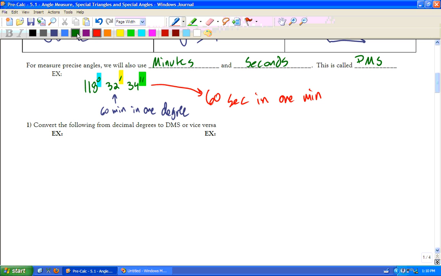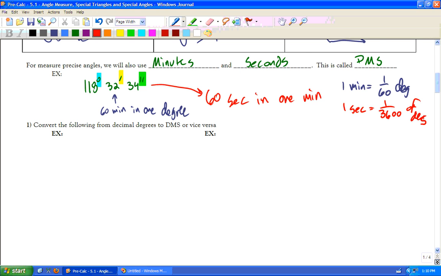So what that means, looking at the reciprocal, let's start with minutes, it's a little easier: 1 minute will equal 1/60th of a degree. And 1 second then, if we multiply 1/60th by 1/60th, will equal 1/3600th of a degree.